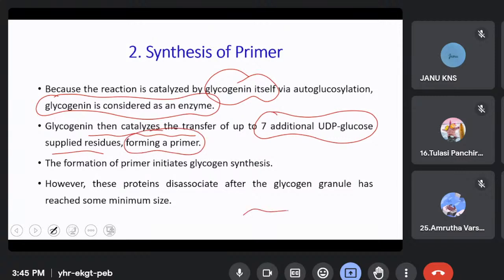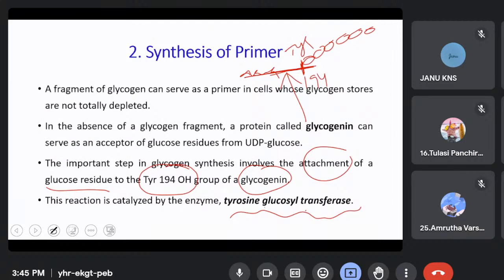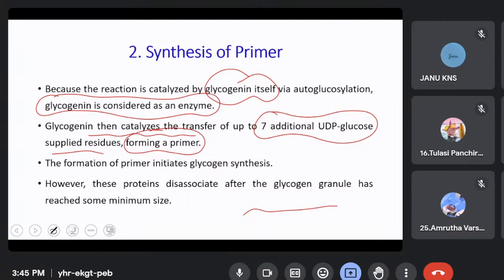So this is the glycogenin. Under the influence of tyrosine glucosyl transferase, to the 194th tyrosine, 7 additional UDP glucose residues are supplied, and this acts as the primer. The formation of the primer starts the process of glycogen synthesis.